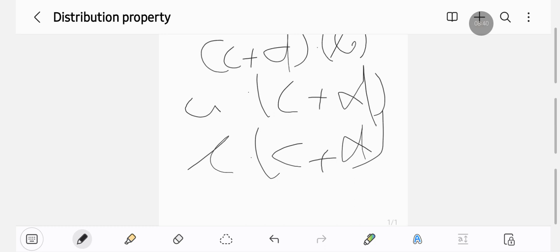Then if we group them, we would get ac plus ad, same thing, again we would get bc plus bd, and we cannot add bd and ad, because they are not like terms. bd and ad are completely different terms.